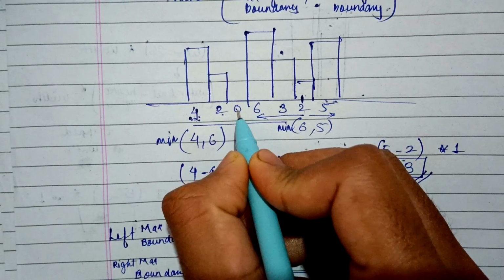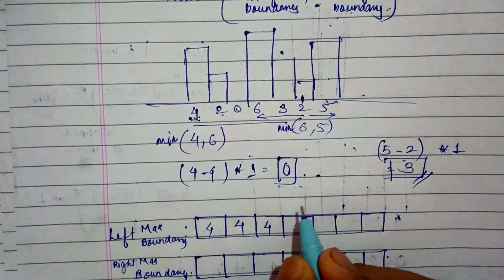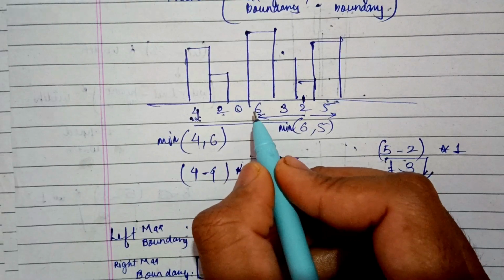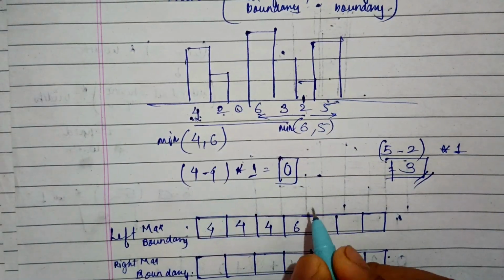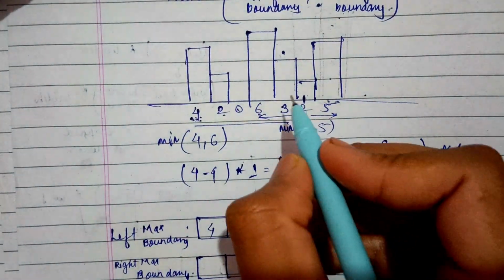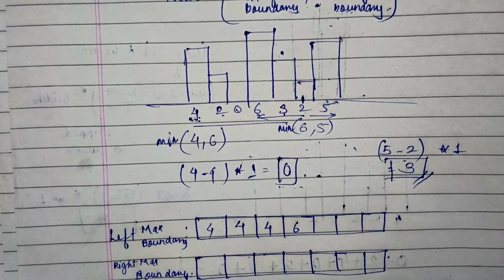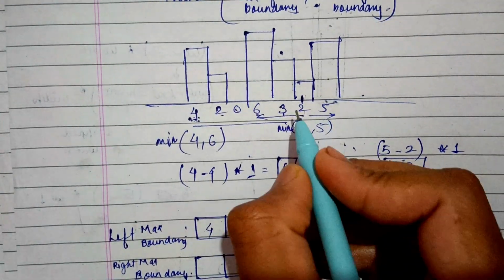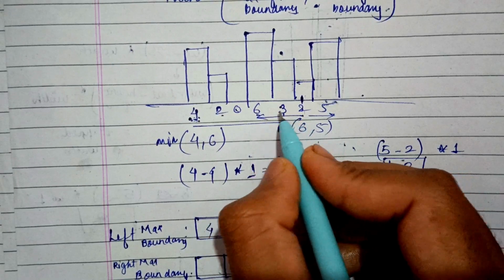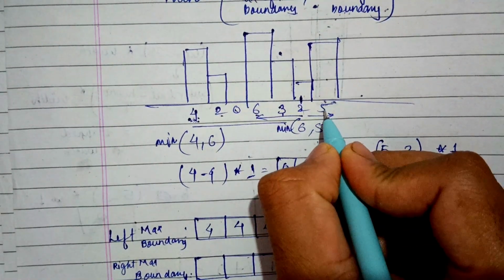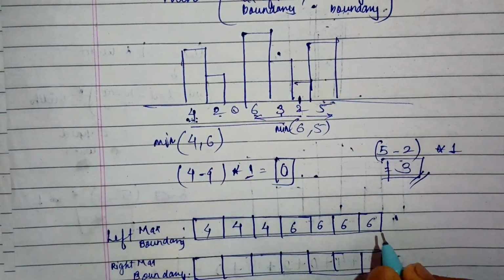For this bar, 6, obviously this is the highest bar. For this bar, 6 only, and for this bar also 6.